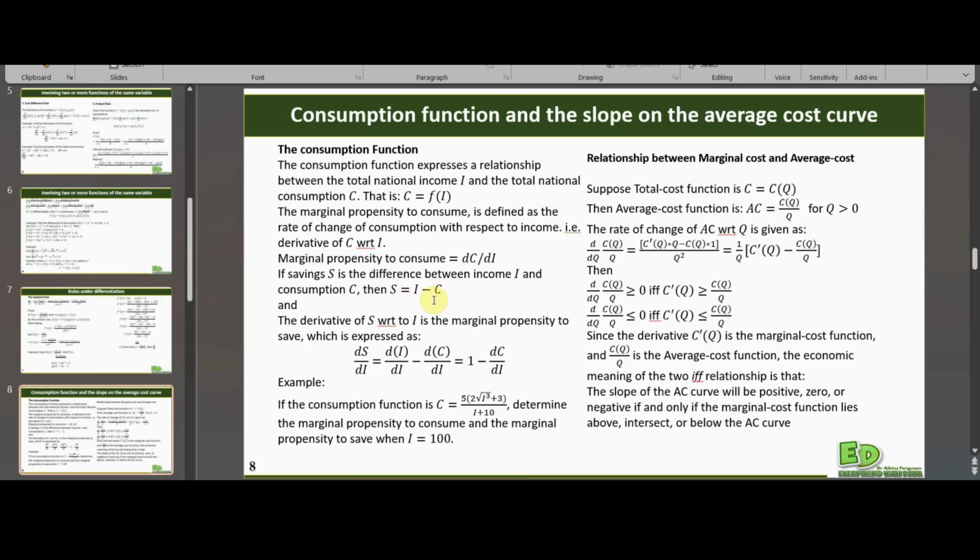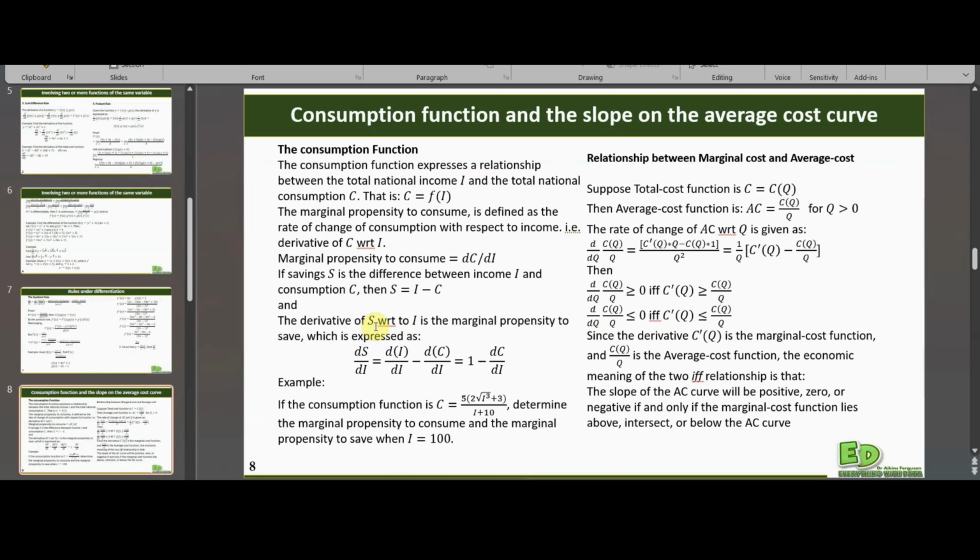Savings function is that S is equal to income minus consumption. Okay. The derivative of savings with respect to income is the marginal propensity to save. Okay.